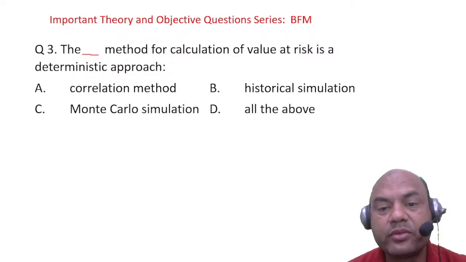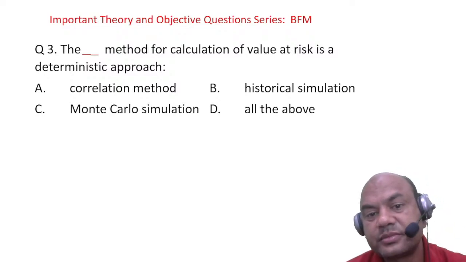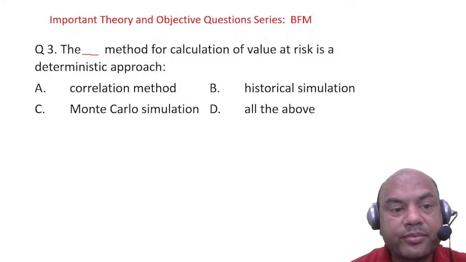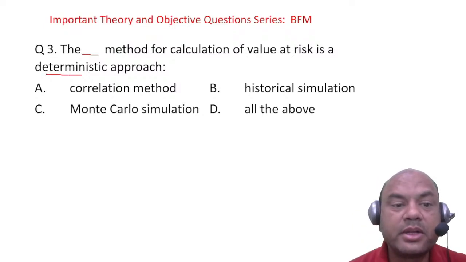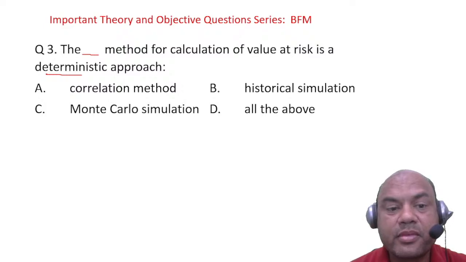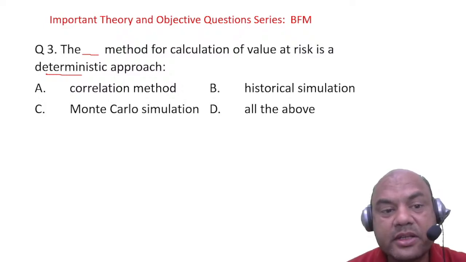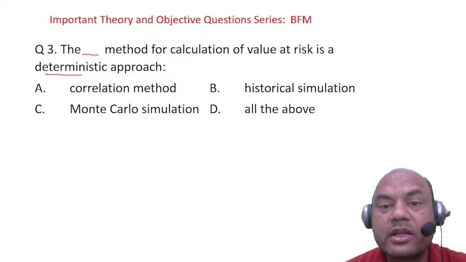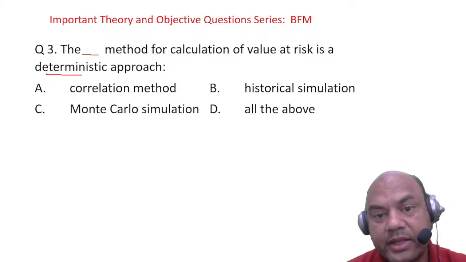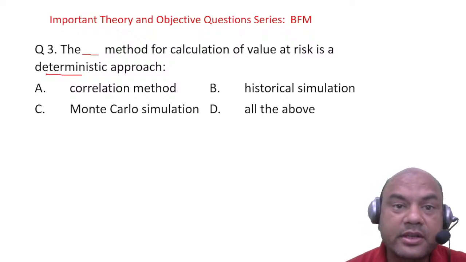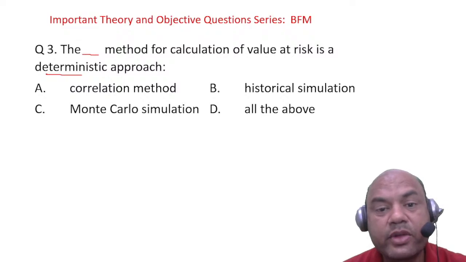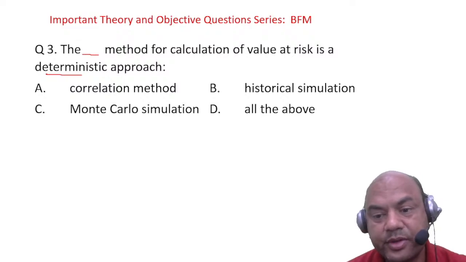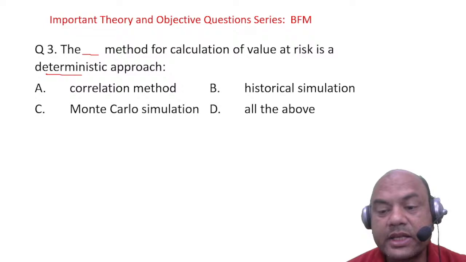Deterministic, firstly, what is deterministic? Deterministic means there is a relationship between the 2 parameters. That's the meaning of the word deterministic. And the relationship between 2 parameters is done in which method?